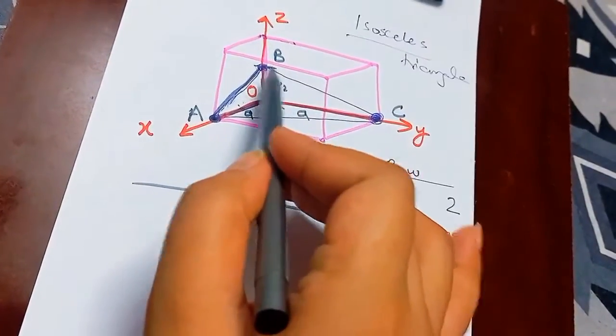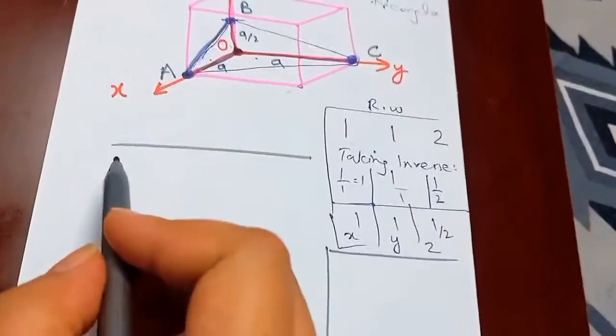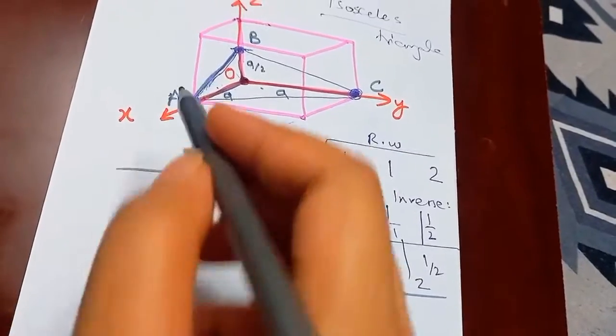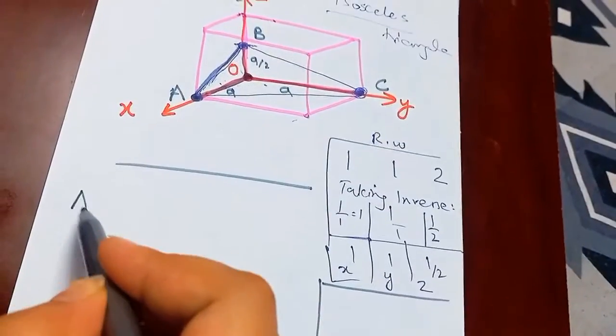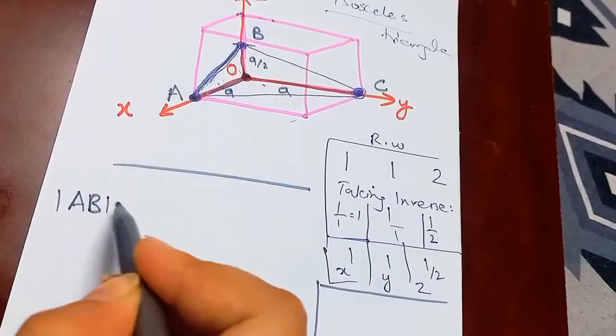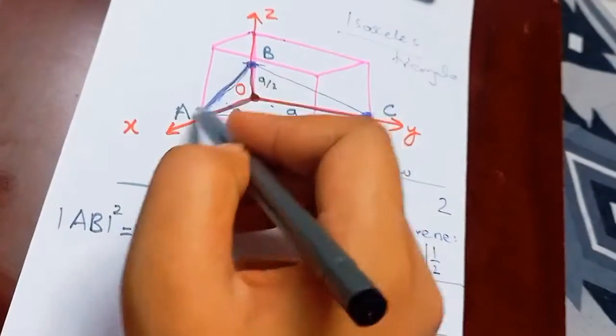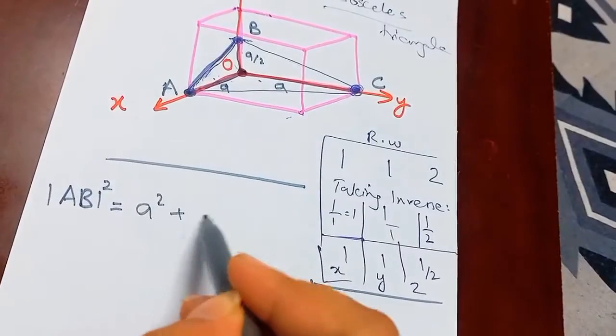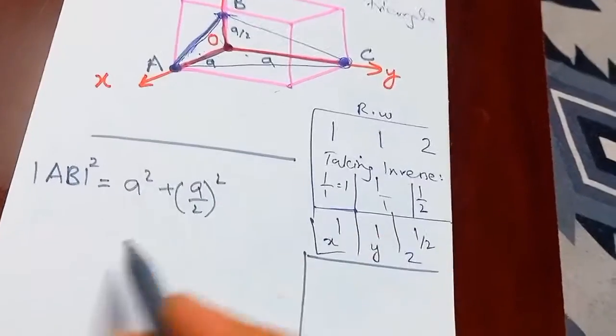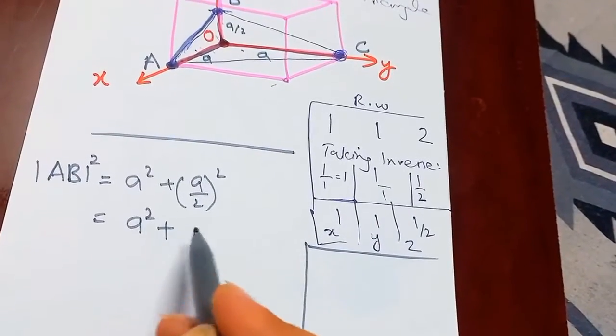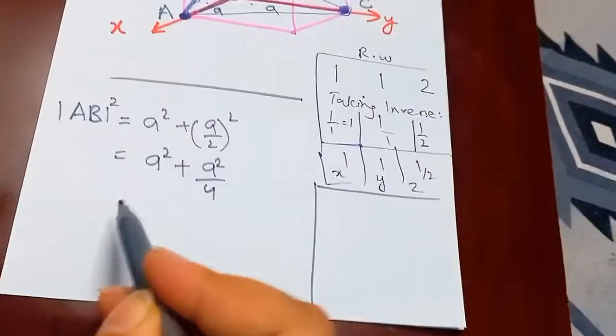So we can determine these hypotenuse lengths just for confirmation. This hypotenuse is AB actually now. Hypotenuse square equals a square plus a by 2 whole square. So it's a square plus a square by 4.